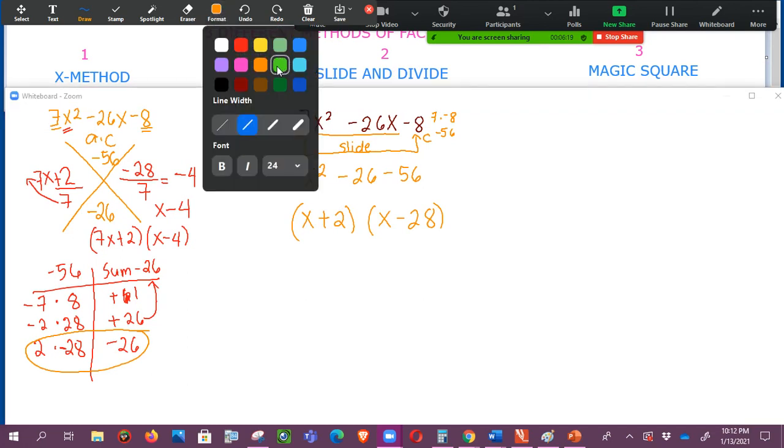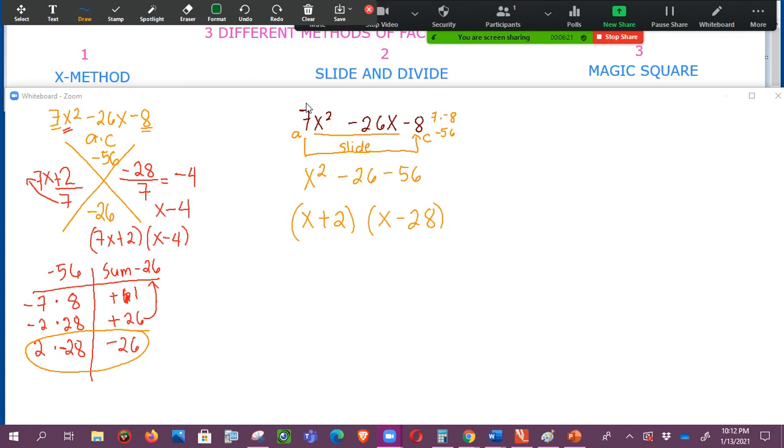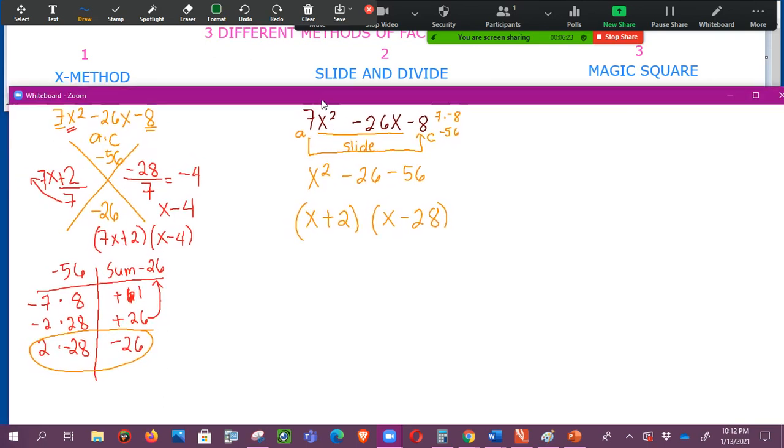Divide meaning we need to divide the given factors by our A value, which is 7. We cannot do anything about 2 over 7 because it is already a prime fraction. So we simplify 28 over 7, and that gives us 4, or x minus 4.